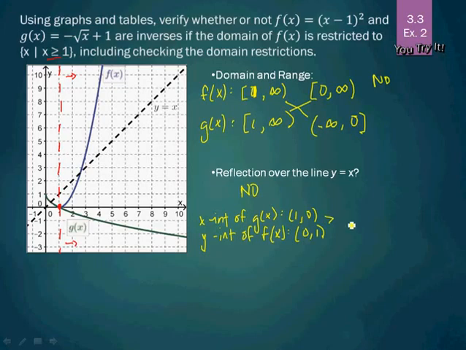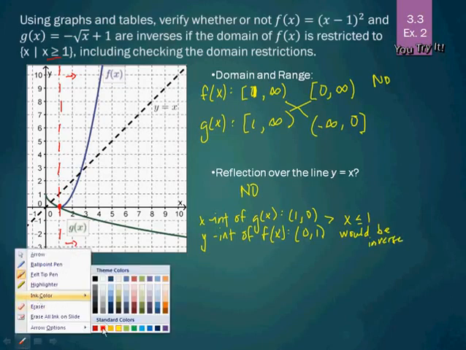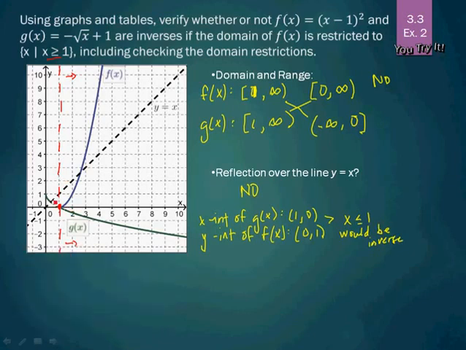So if our domain was restricted so that x was less than or equal to 1, then it would be inverse functions based on those points. So again, there's (1, 0) and then (0, 1). If we could go back, then we could have inverse functions there.